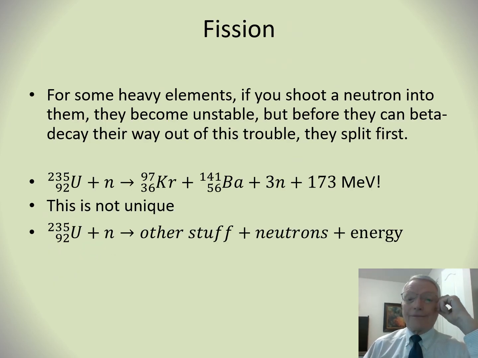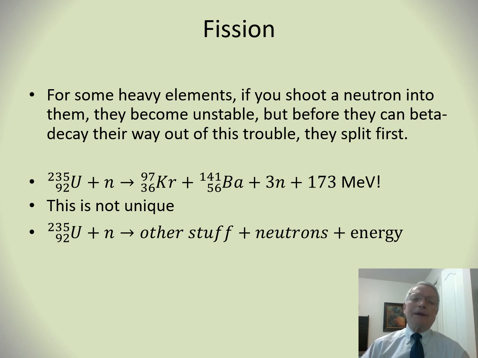Okay, then there's something else that happens. This is a funny thing that happens for nuclei. There's no analog to this with atoms. For some heavy elements, if you shoot a neutron into them, they become unstable.